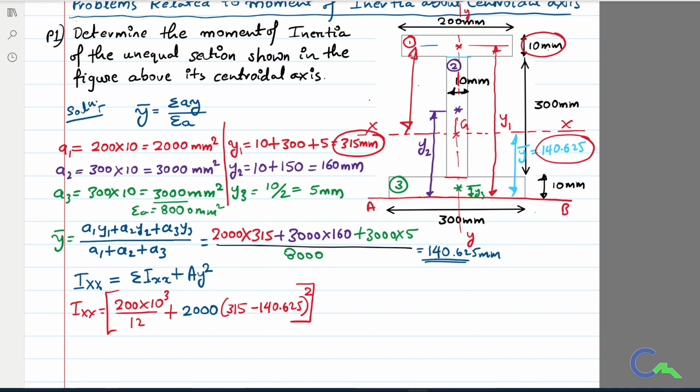If I come to the second component, again it is a rectangle. We know that moment of inertia about the centroidal axis is bd cube by 12, so we'll add that.